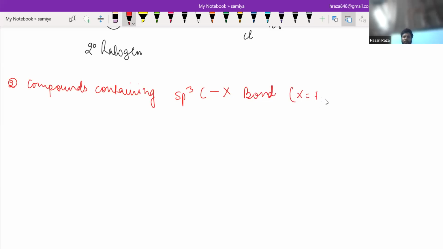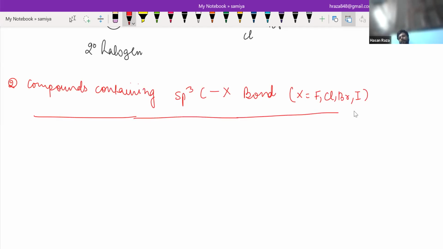X is equal to fluorine, chlorine, bromine, and iodine. So basically, this classification is about which carbon X is connected to. The carbon to which X is connected must be sp3 hybridized.